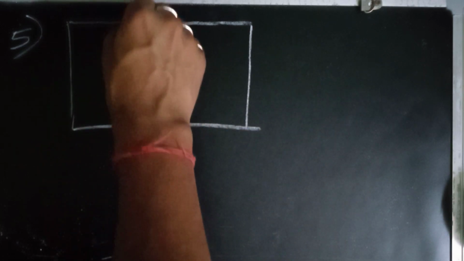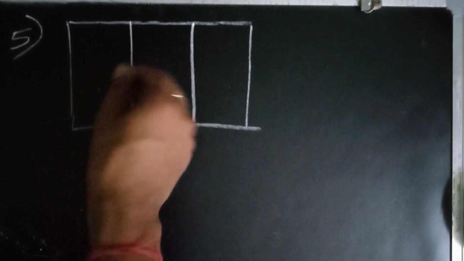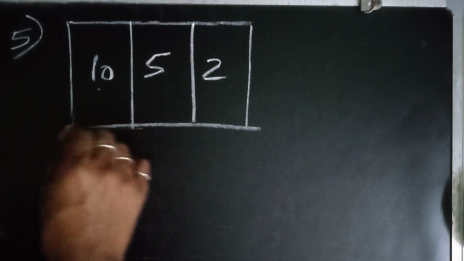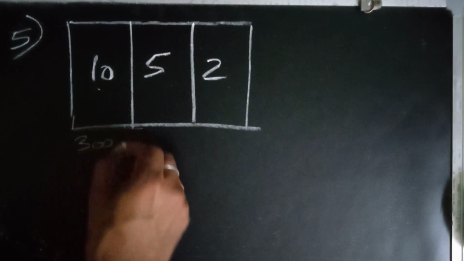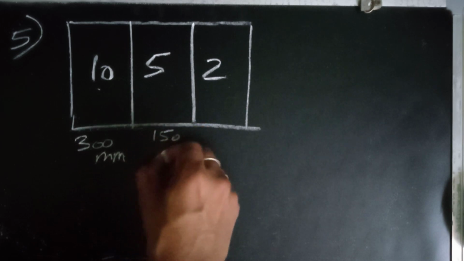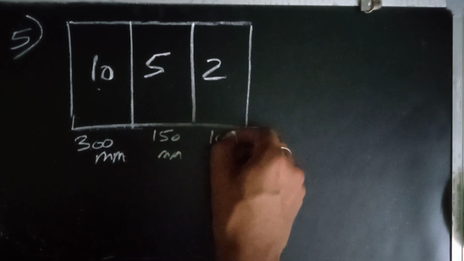This was a very typical question where we were given three slabs of different materials, and the thermal conductivities were given as 10, 5, 2. The thicknesses were 300 mm, 150 mm, and 100 mm.